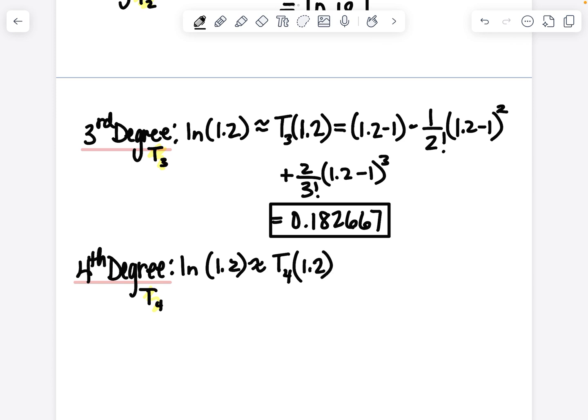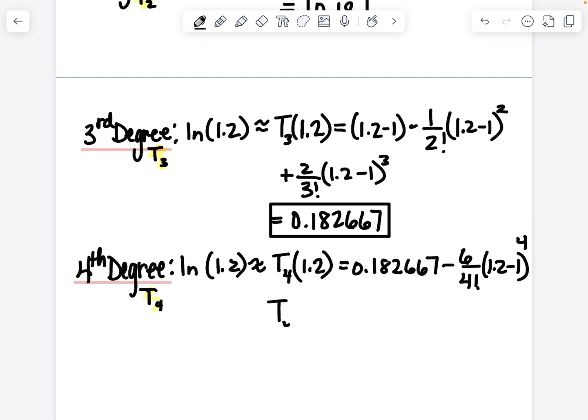So now let's do this the easy way. We already have 0.1826667, and we're adding one more term. Remember, it's not a plus, it's a minus in the alternating series. So that's minus 6 over 4 factorial times 1.2 minus 1 to the 4th power.